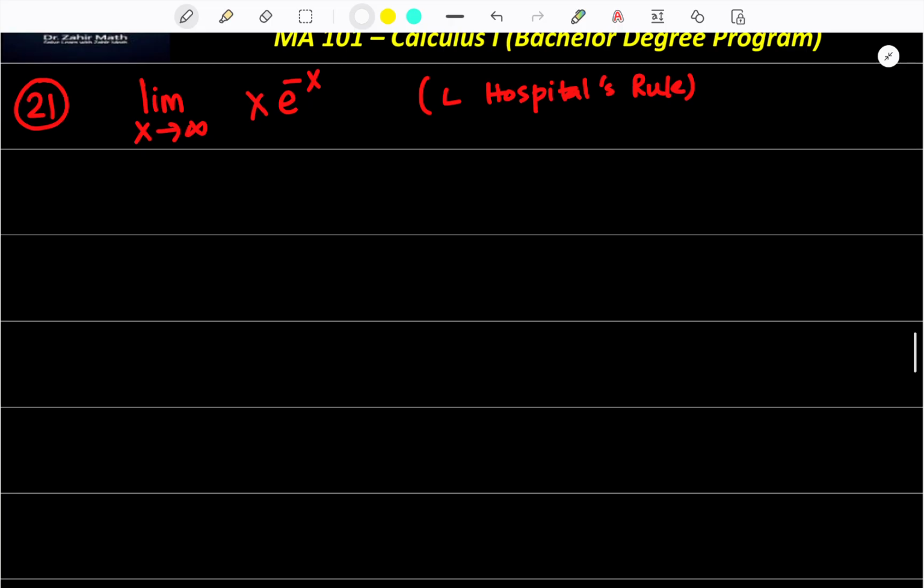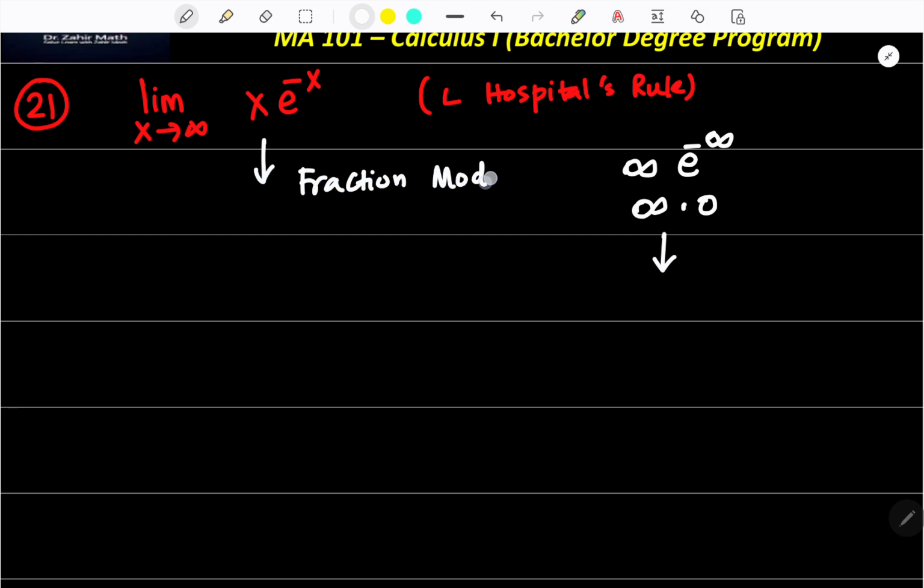Limit x tends to infinity, x e power minus x. Put x is equal to infinity and e power minus infinity. You will get infinity times 0. If you get like this, write this in the fraction division model. How to write division model? Very simple. Limit x tends to infinity, x, this e power minus x, bring it down.